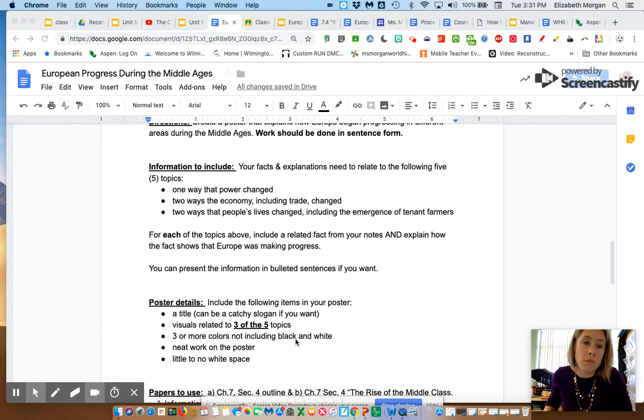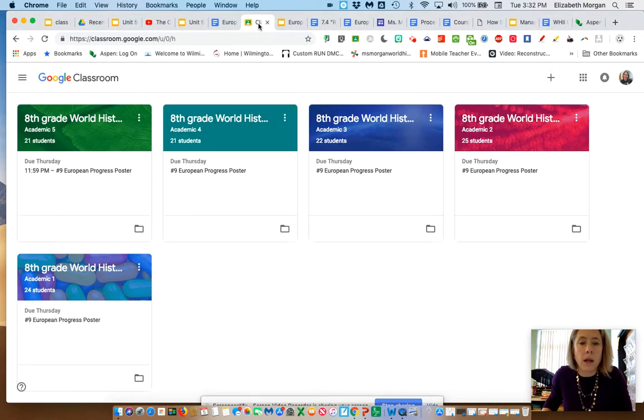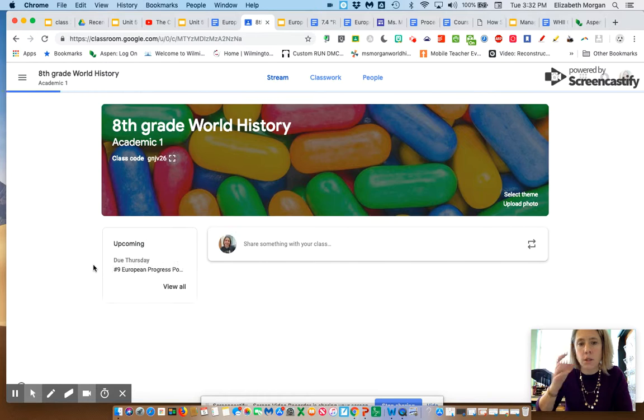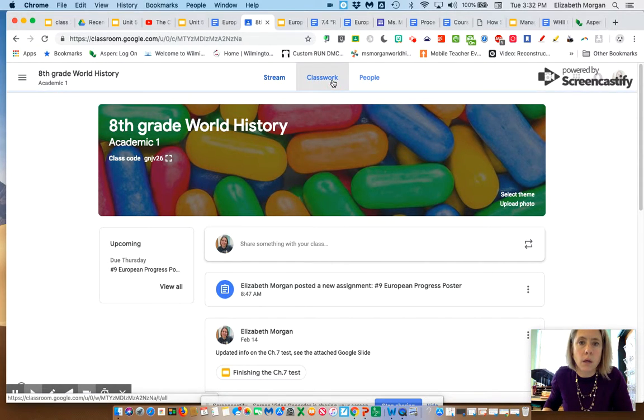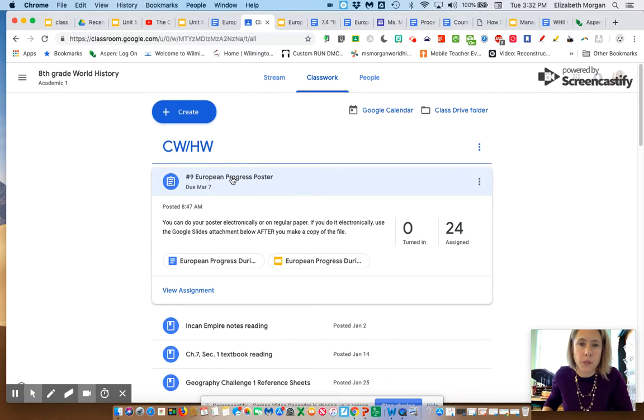And the poster can be done on paper or electronically. And I tried to explain that, and that can be seen in Google Classroom. So electronically, if you go to classwork, you have the European Progress poster, and the directions are here.